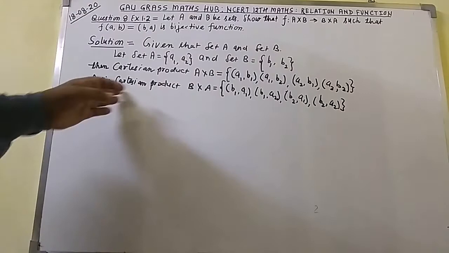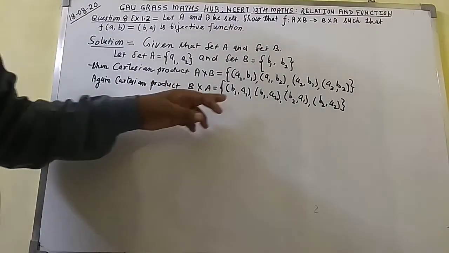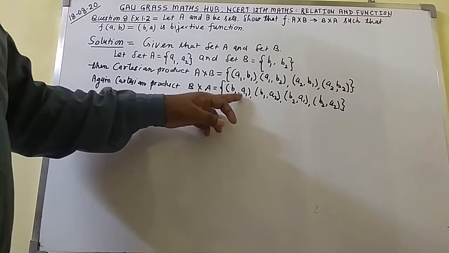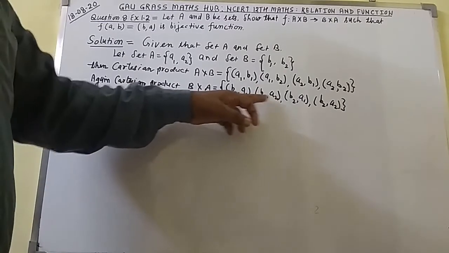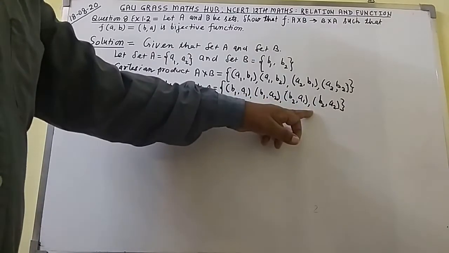So this is the Cartesian product B cross A. I have got B1 A1, B1 A2, B2 A1, B2 A2.